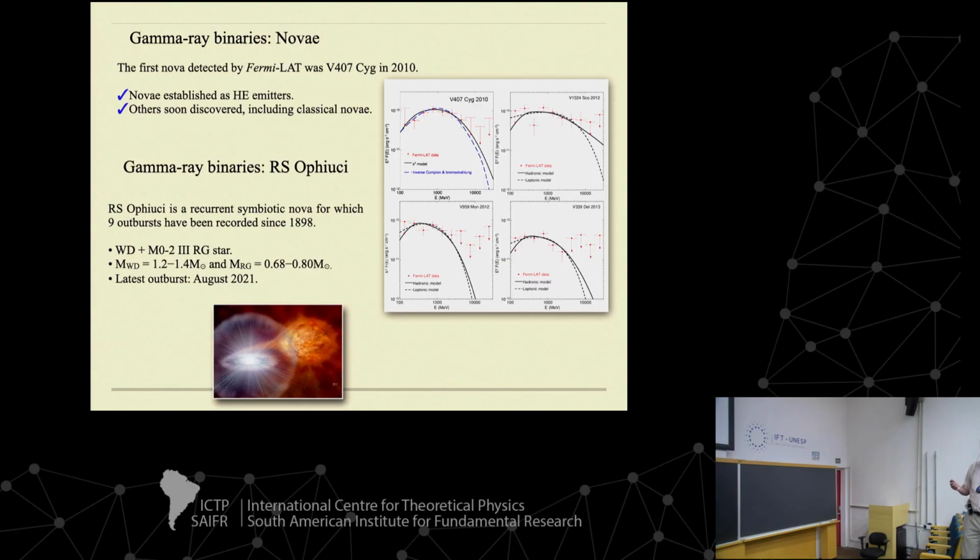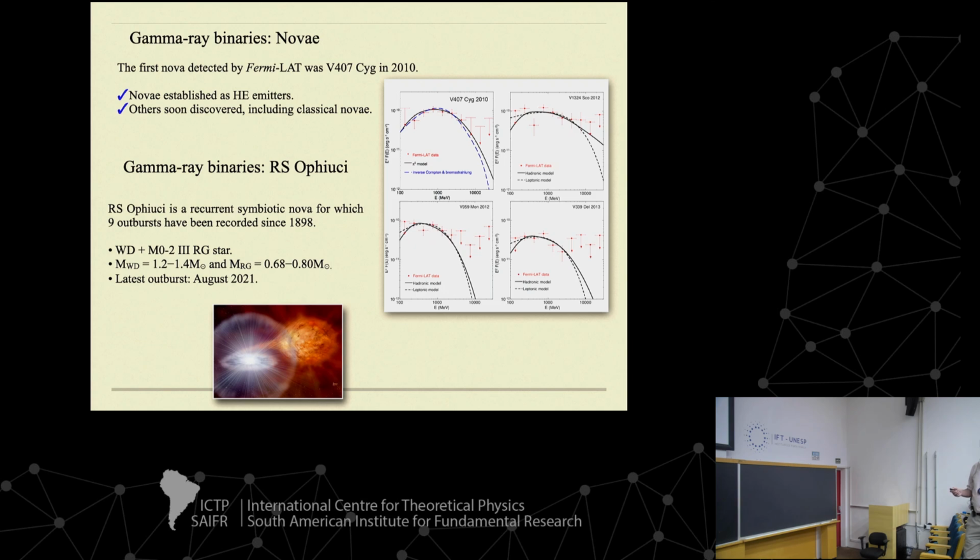So some of these systems have been detected by different instruments. Fermi was the first one to detect a nova 15 years ago. This was just a classical nova, V407 Cygni. And here you have the spectrum.